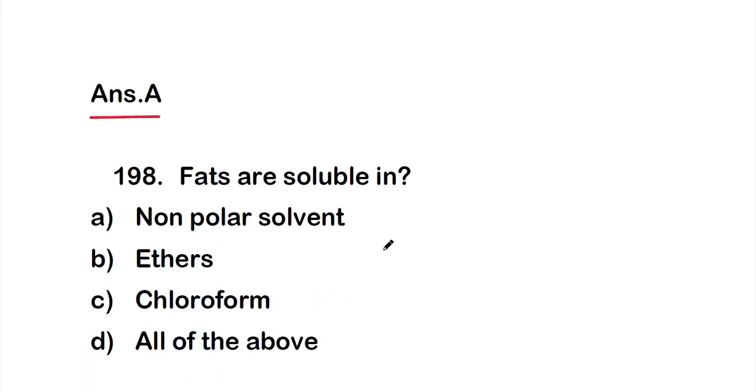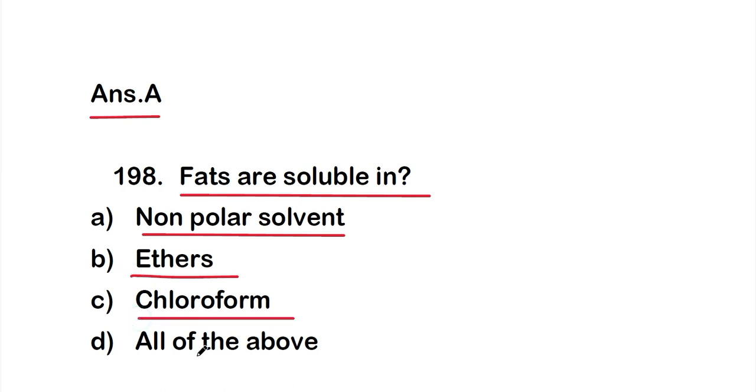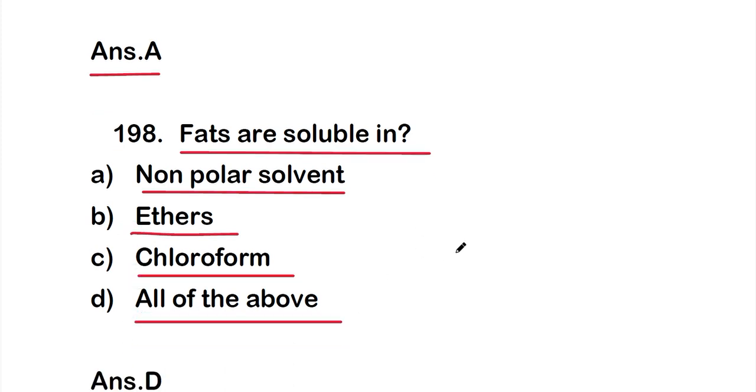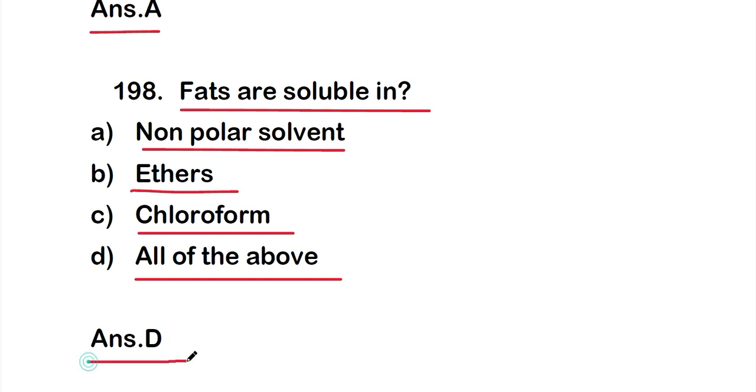Next question, let's see. Next is 198. Fats are soluble in: option A, non-polar solvents; option B, ethers; option C, chloroform; or option D, all of the above. So the right one is option D, all of the above. So fats are soluble in non-polar solvents, ethers, and chloroform.